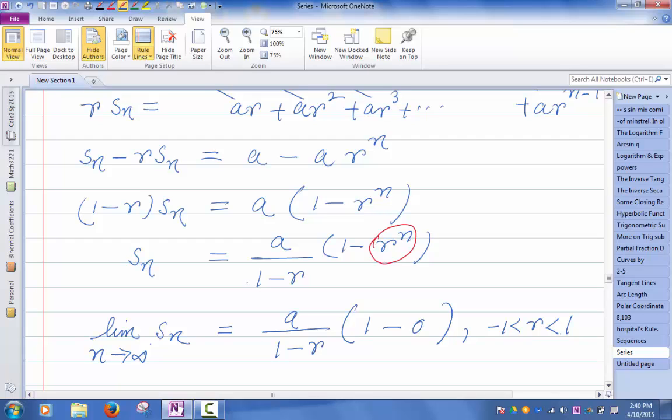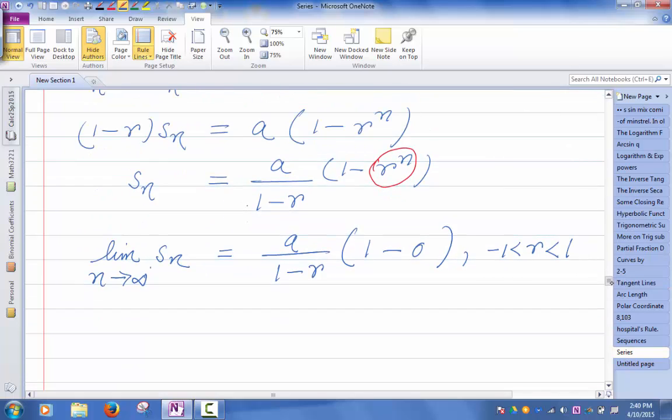However, if r is outside of this interval, then we know r to the n is divergent, right? Otherwise it is divergent if, let me just say, the absolute value of r is bigger than 1. The absolute value of r being bigger than 1 simply means that r is beyond the interval from -1 to 1, right?